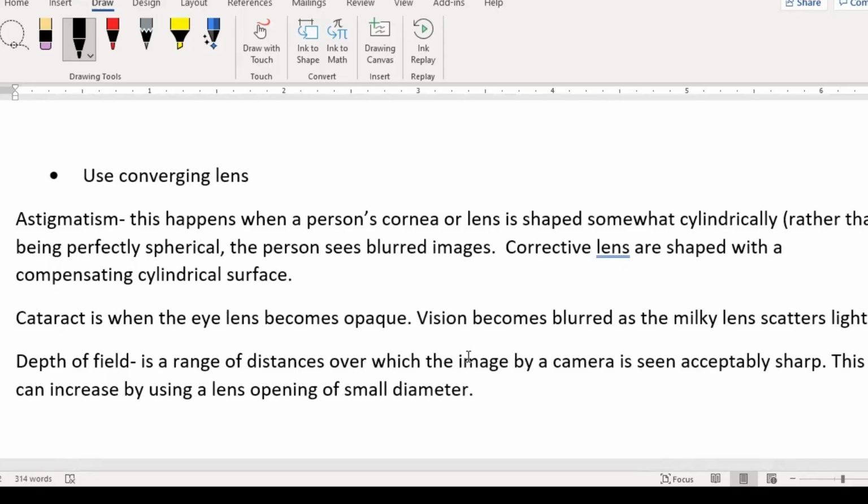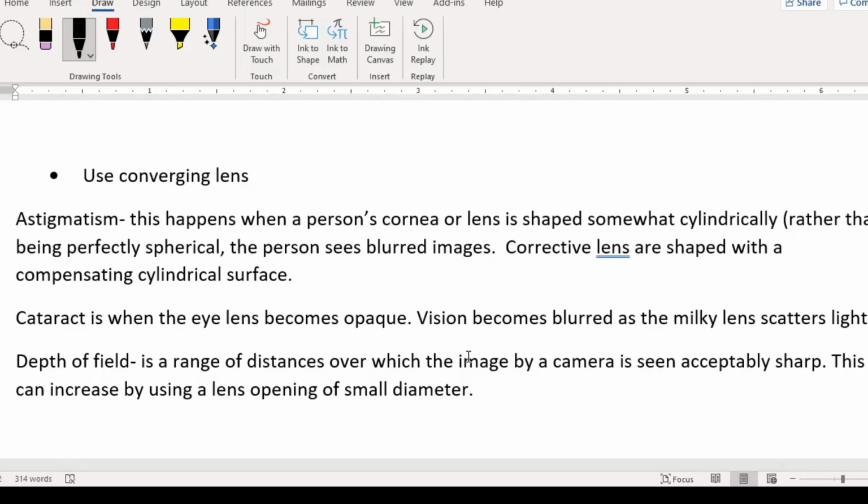Just remember, astigmatism has to do with the cornea or the lens being more of a cylindrical type of lens rather than spherical. And your cornea is in fact the first place where refraction starts taking place, right?